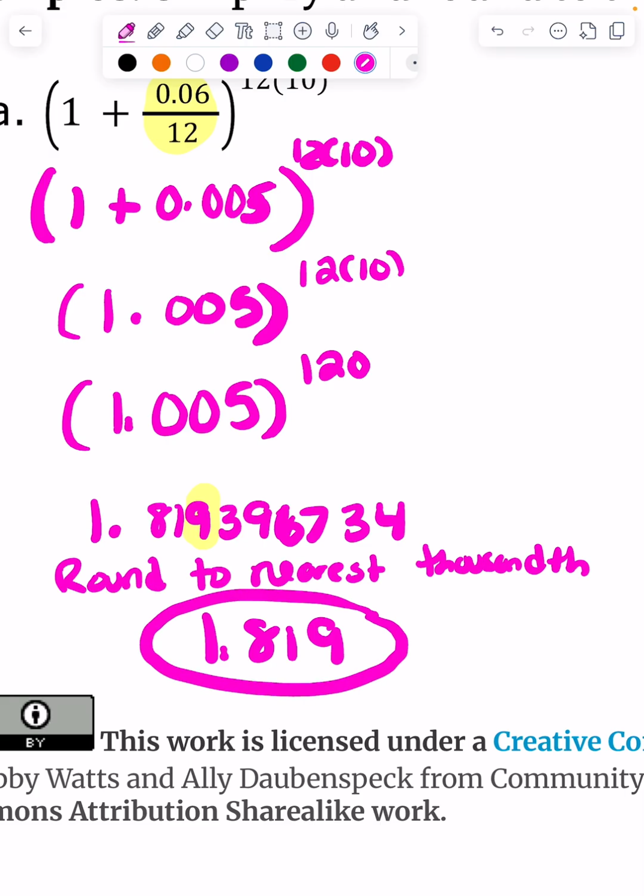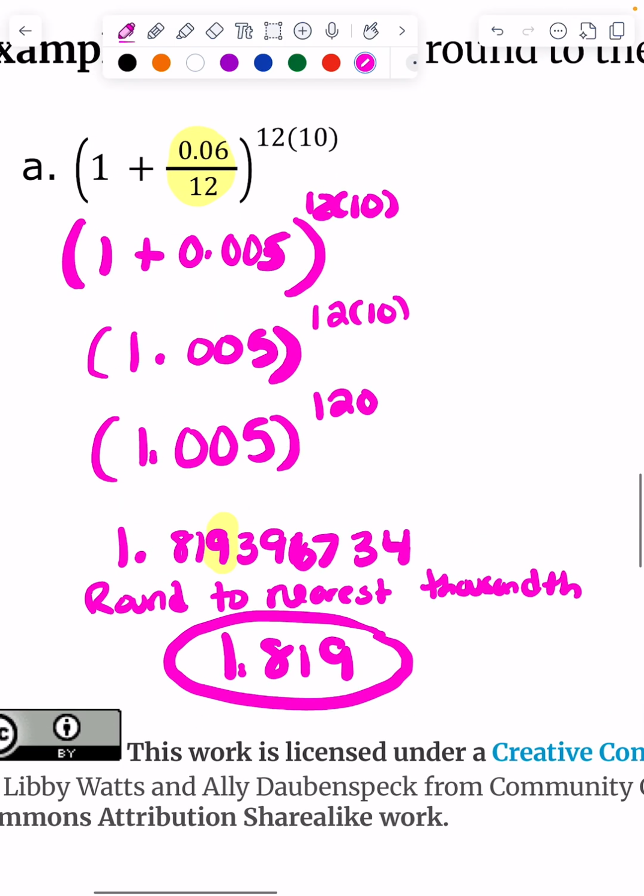What happens with these problems when students get to finance, this is where this problem is coming from, is the big problem is they don't do this multiplication before they do the exponent. So they'll do to the 12th power and then multiply that by 10, I guess. I'm not sure, but they end up with the wrong answer.